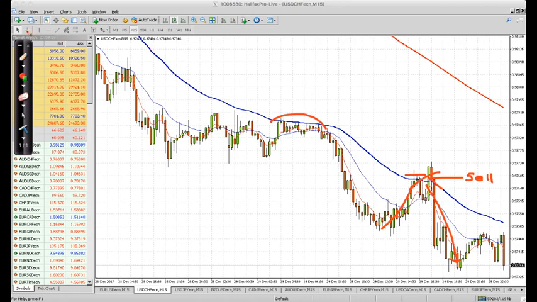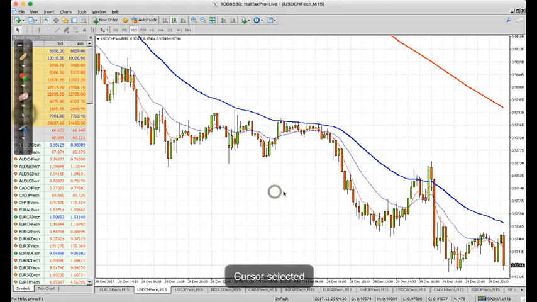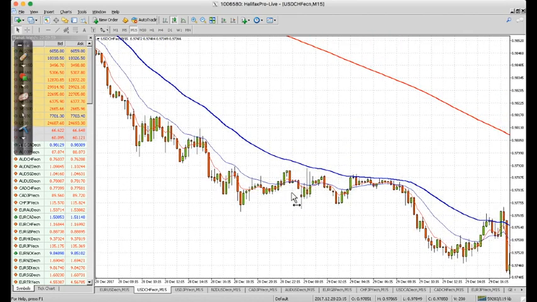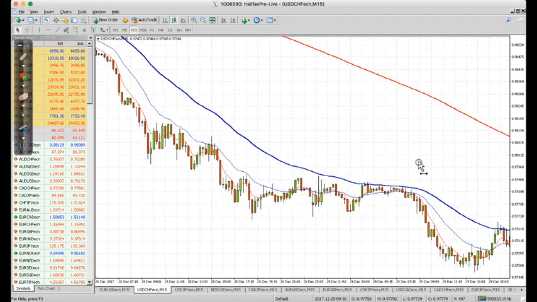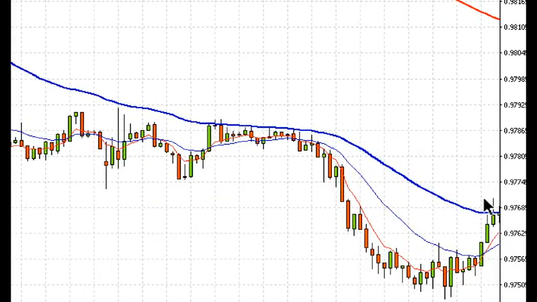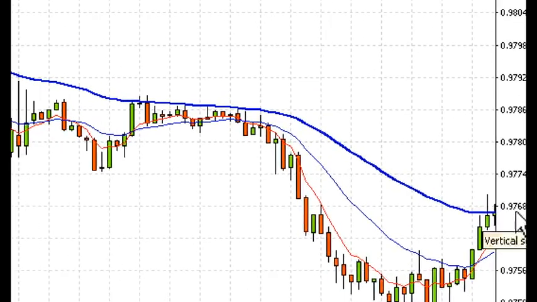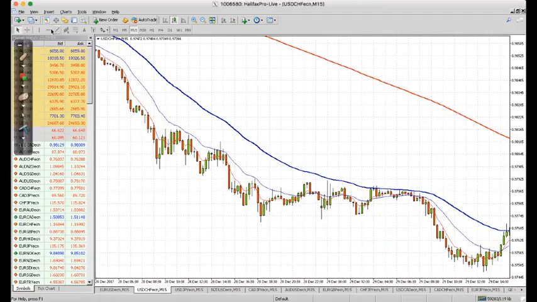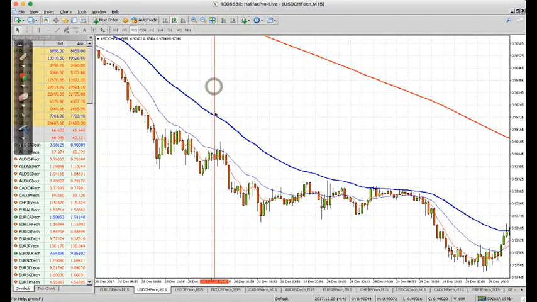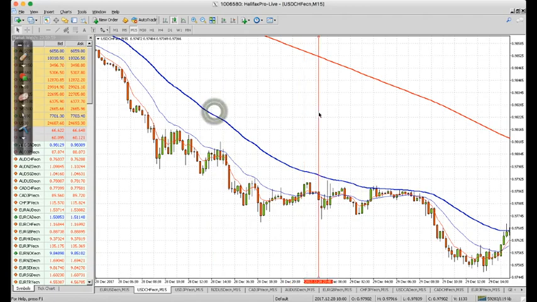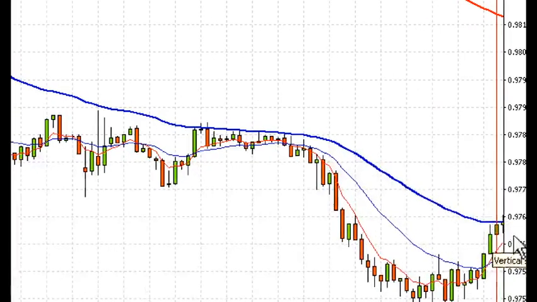So how do I do that? So let me go to the exact point over here. Okay. So let's imagine you want to do a short here. You want to sell short over here at 9768, right? So what I do is I will click on this vertical line. See this vertical line? And I'll move the vertical line to wherever I intend to enter the market.